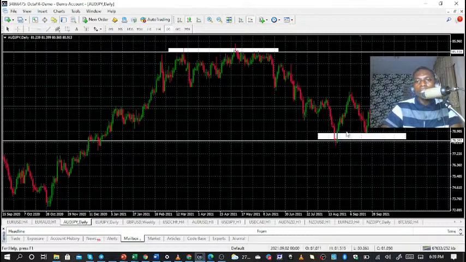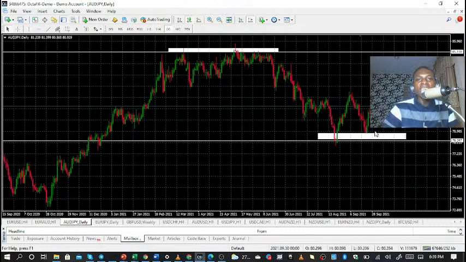This level here where price got to and was rejected, what level is this? Who can tell me? Yes, support level. Fantastic. Support level. So now it's clear that you are able to identify which level is resistance and which level is support.